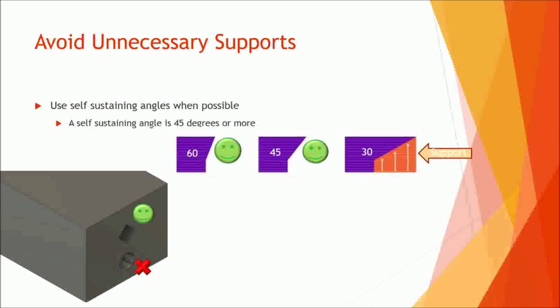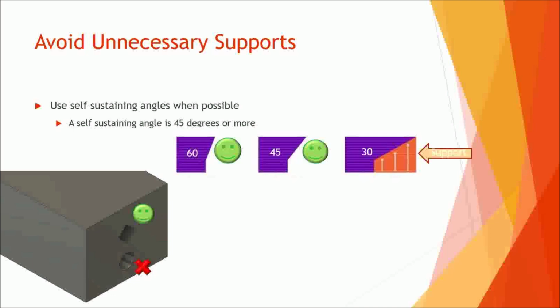Basically what you want to do is design self-sustaining geometry into your parts, and what I mean by that is allowing each layer to build on top of itself, or build on top of each other. You want to avoid material that overhangs, because you can't just print in mid-air. You need something underneath it so the printer has something to print on.